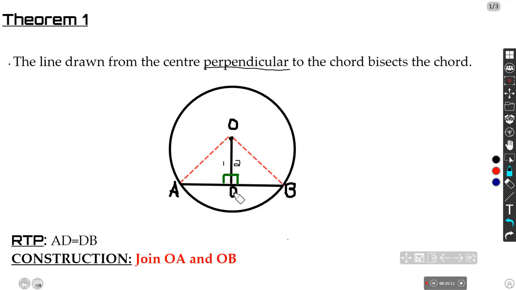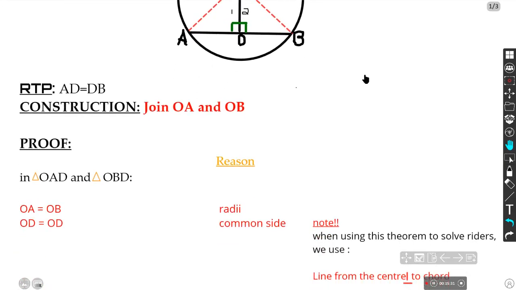So can you see that my angle D1 is equal to my angle D2, right? They're both 90 degrees. Why? We were already given that from the statement, right? Because they say that the line drawn from the center is perpendicular to the chord. So we were already given that from the statement itself.